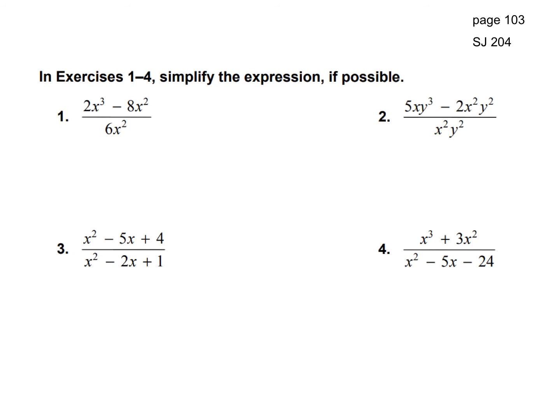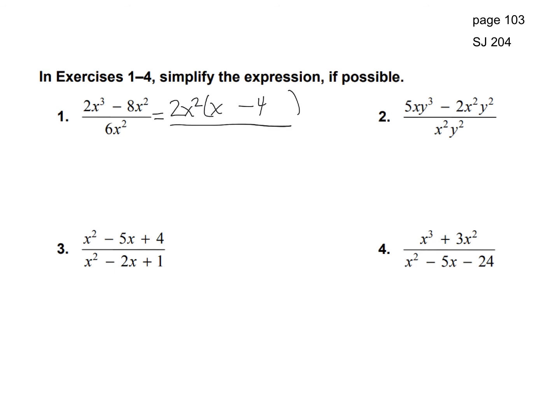Anytime you have binomials and trinomials, you want them to be factored before you simplify. Don't forget that. So I'm going to factor the numerator for number 1. There's a greatest common factor of 2x squared. When I divide away 2x squared, I have x minus 4.